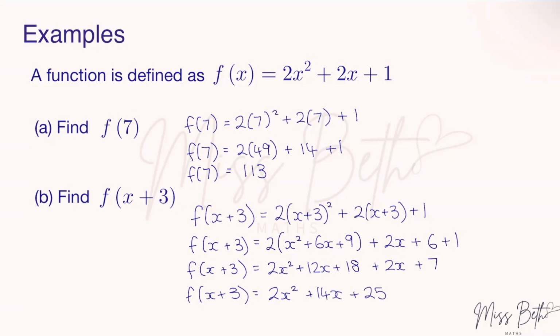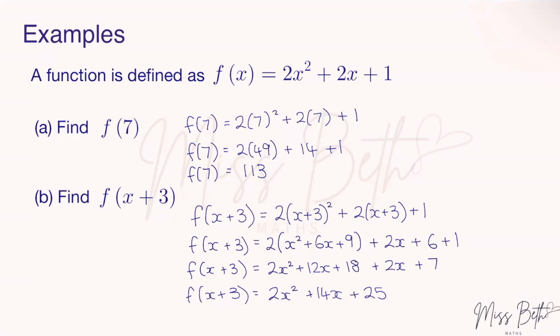Okay, so that would be your answer for f of x plus 3. You will get quite complex ones, potentially like that, but just remember the process of replacing x with whatever is in the bracket of the function, okay?